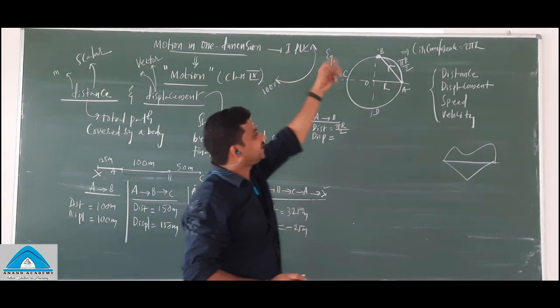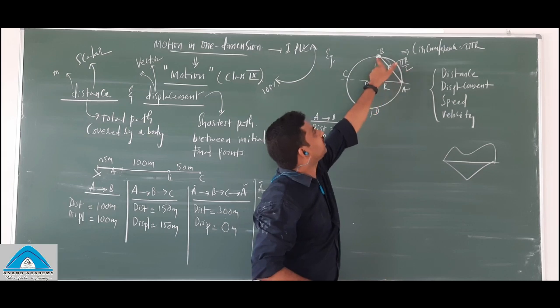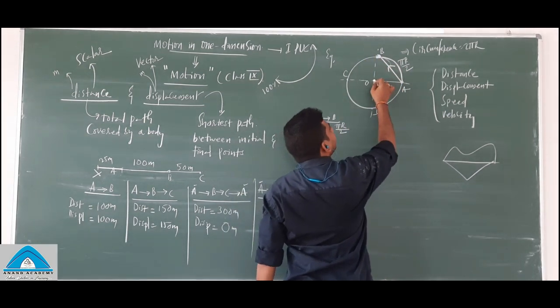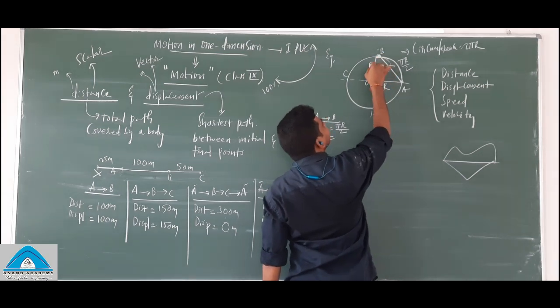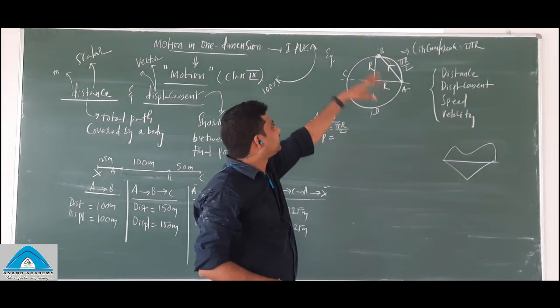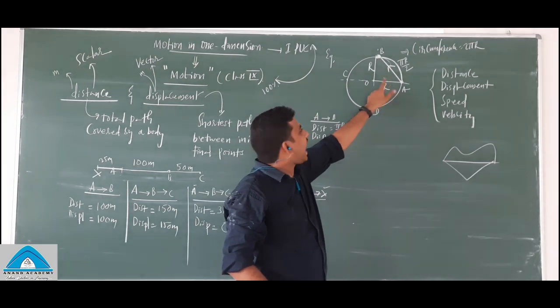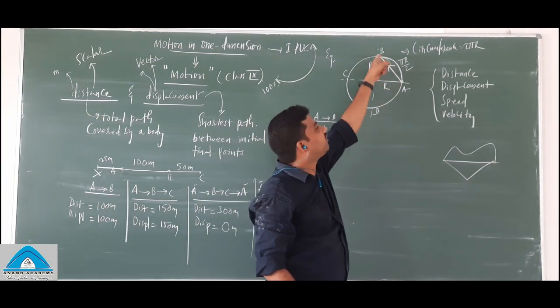So what is this question? The displacement. So what is the straight line path length? Its radius is r, and from here to here is also the radius r. And if it is a triangle, you know the base and the height of the triangle, so you can find the hypotenuse.